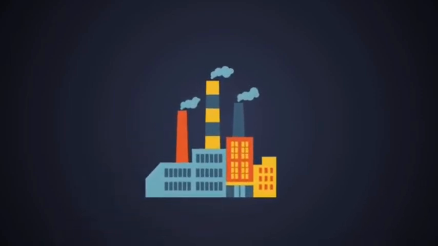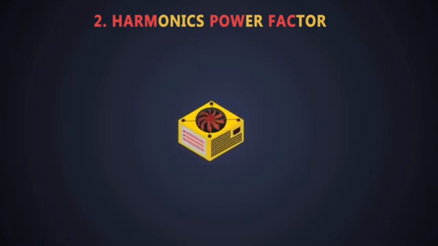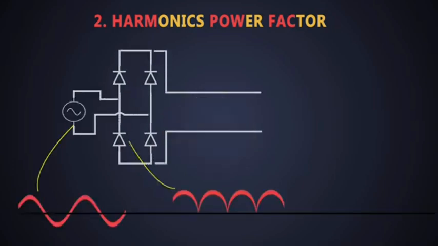There is one more type of power factor, which is the harmonics power factor. It occurs in the power supplies which are situated in our electronic appliances. In a power supply, no matter if it is a linear power supply or switch mode power supply, there is a bridge rectifier at the input which rectifies the AC sine wave, and there is a capacitor connected after the bridge rectifier which filters out the AC components.